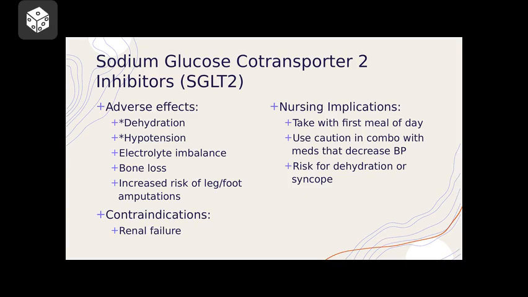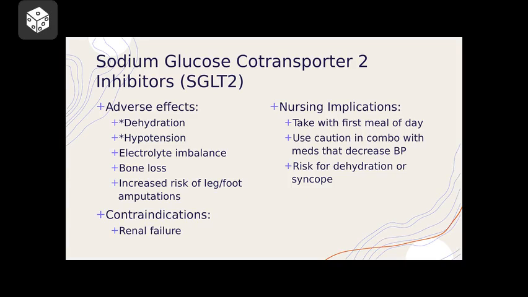Because of all of that urination, you might see some electrolyte imbalance. With that electrolyte imbalance, you might see some loss of phosphorus and calcium, so you can see some bone loss. And then there's actually a new study out that said that this drug was linked with an increased risk of foot and leg amputations. So pretty serious stuff before you sign up to take this medication, right?